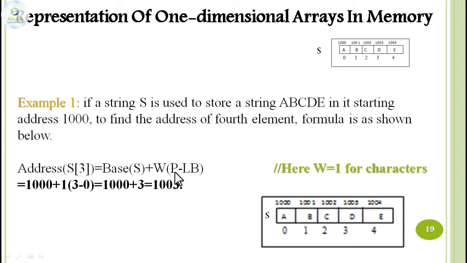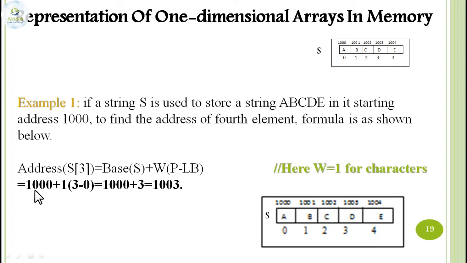P is the position, 3, because the fourth element is stored at position 3. So 3 minus LB, which is 0. So base address 1000, plus the width of each block, 1, multiplied by 3, that is the position where the fourth element is available. LB will always be 0, that is the lower bound. The upper bound over here is 4, but upper bound is not required.